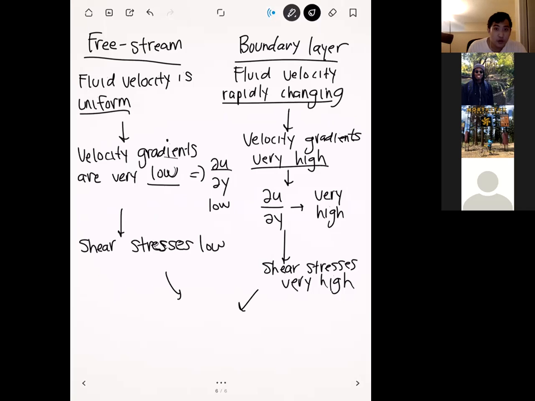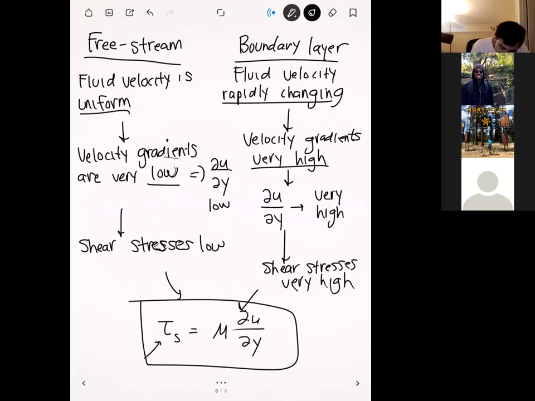And then just to remind you, if you have the velocity gradient, du dy, then we can compute the shear stresses or the viscous friction forces with this formula. We usually give this a symbol tau, and it's equal to mu, which is the viscosity, times the velocity gradient.